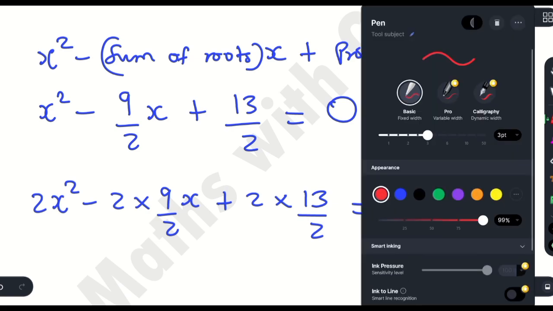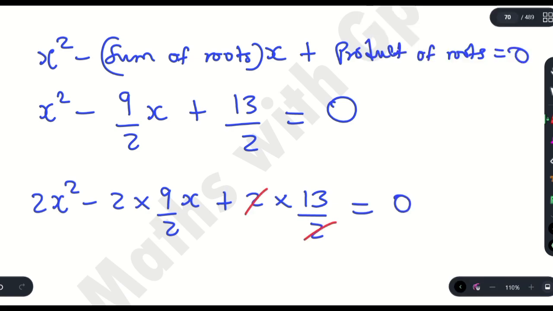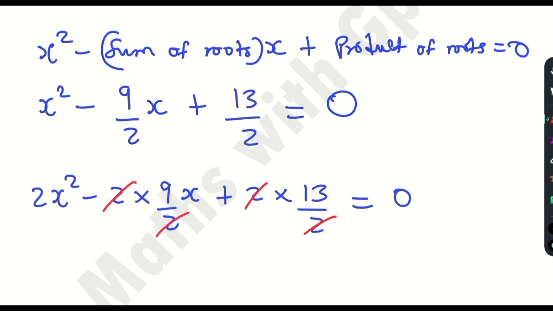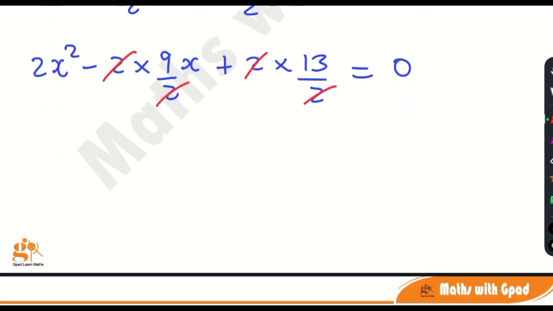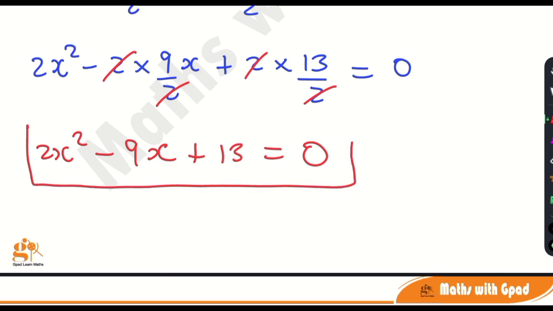We cancel this 2, we cancel 2, and finally I'm going to have 2x squared minus what's left here, 9x, and what about this? 13. So plus 13 is equal to 0. So the other equation is 2x squared minus 9x plus 13 is equal to 0.